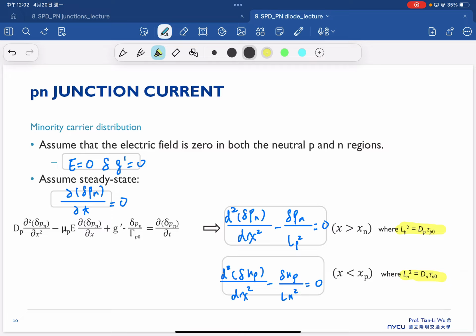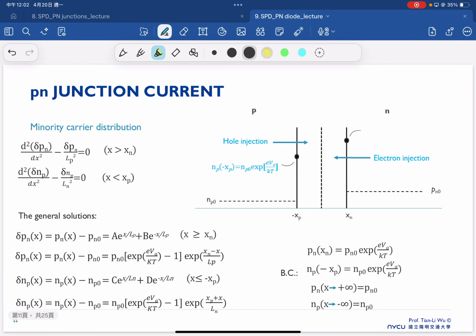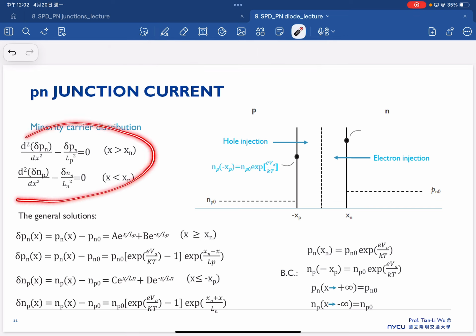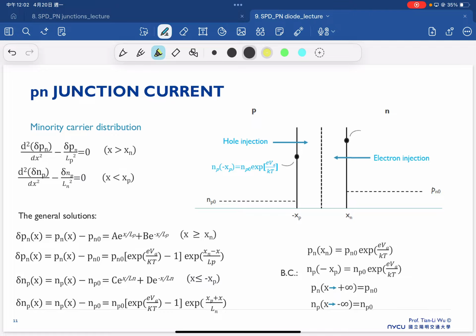So finally, with all these equations, and also considering the boundary conditions, with these two equations we can have the general solution in different spaces, at different locations.